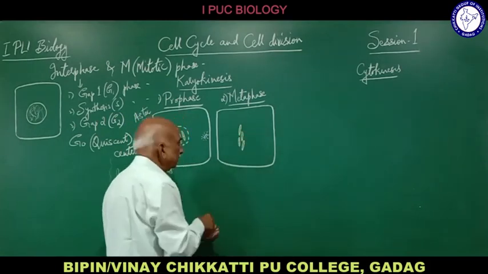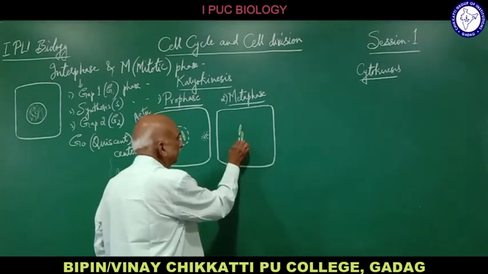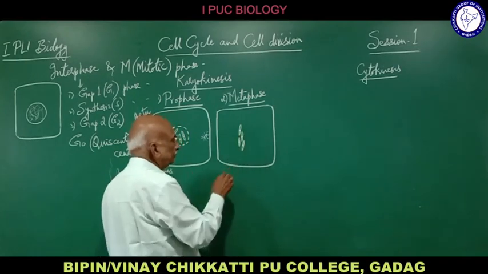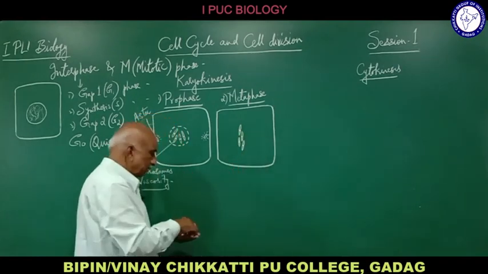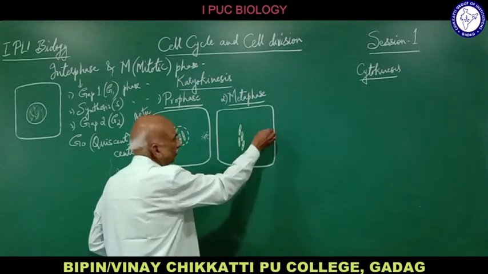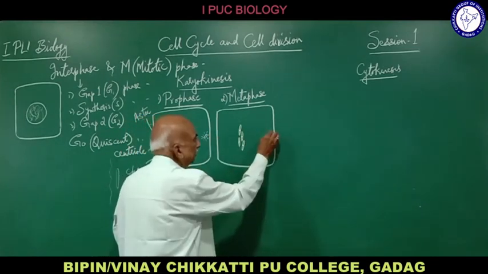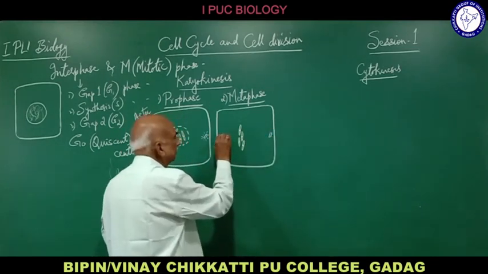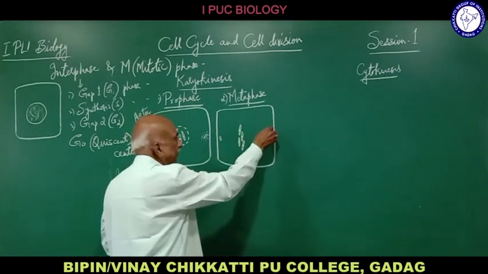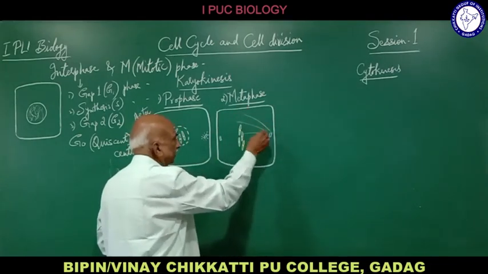This is how the chromosomes appear, and there is no nuclear membrane, and the microtubules radiate, they extend in all directions of the cell like this.